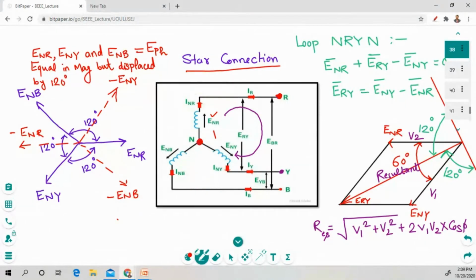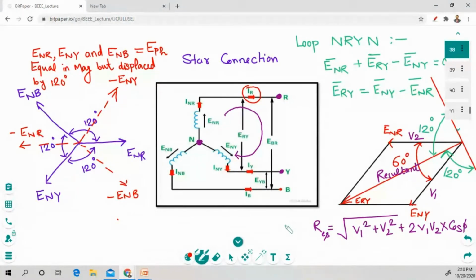So we have represented voltages and currents across each phase, line voltages and line currents. As you can see right here, this is IR, called a line current. Why have we represented it as IR?